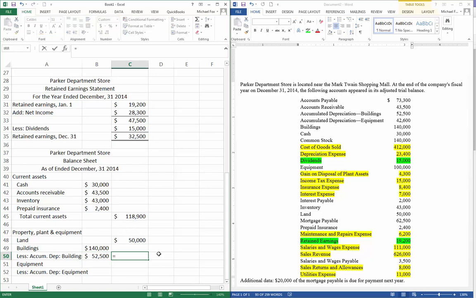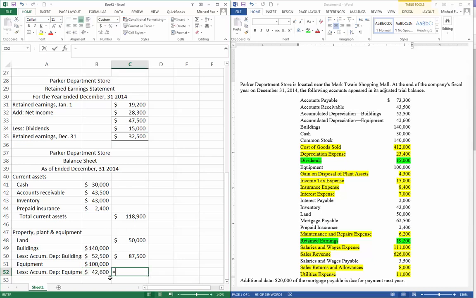So here we will show the building minus any accumulated depreciation. If you remember, that's called the book value, which is the cost of the asset less any accumulated depreciation on the asset. The equipment had a value of $100,000. The accumulated depreciation on the equipment was $42,600.